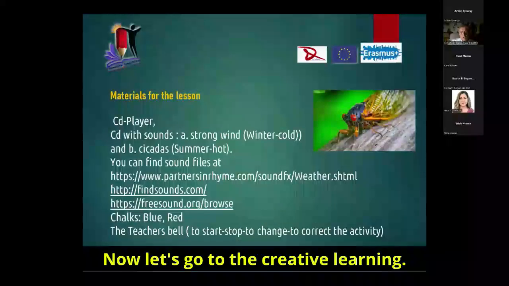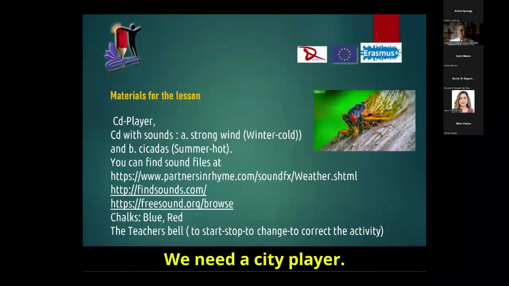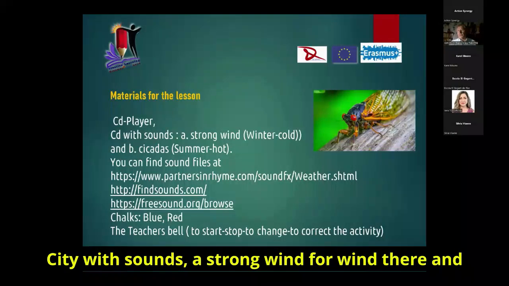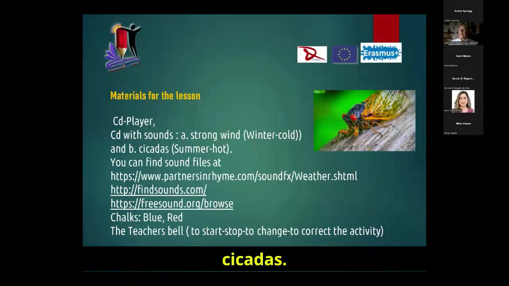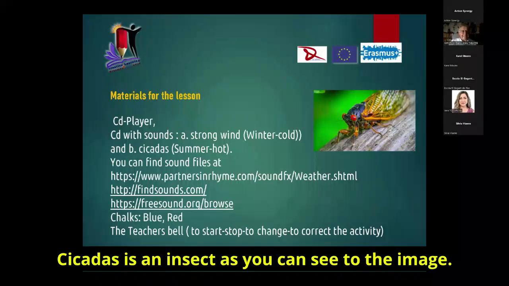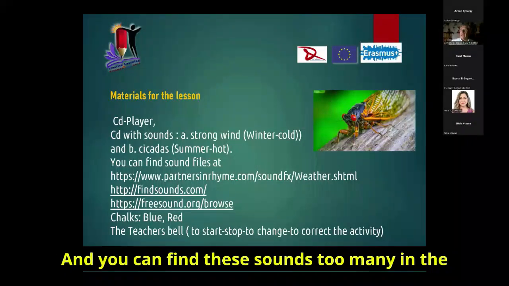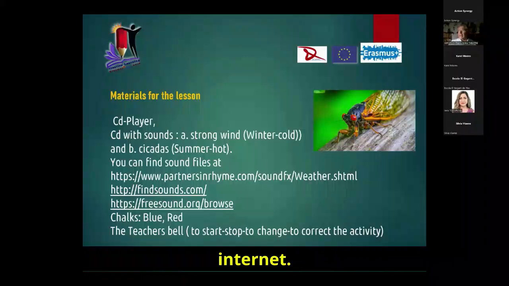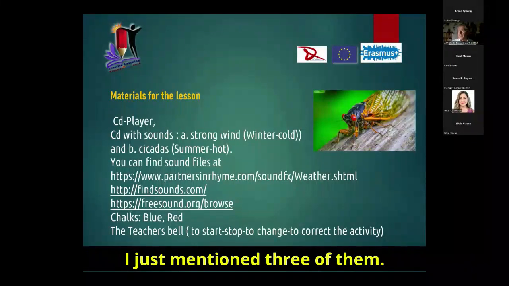Now let's go to the creative learning. Materials for the lesson. We need a CD player, a CD with sounds, a strong wind for winter, and cicadas. A cicada is an insect, as you can see in the image. And you can find these sounds, too, on the internet. I just mentioned 3 of them.